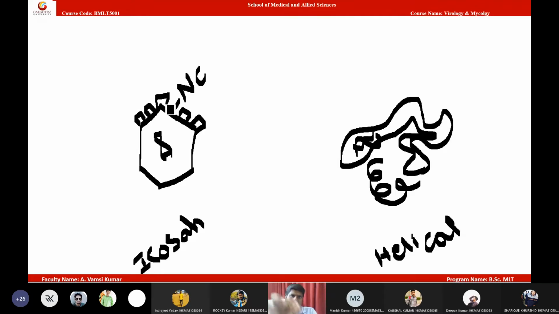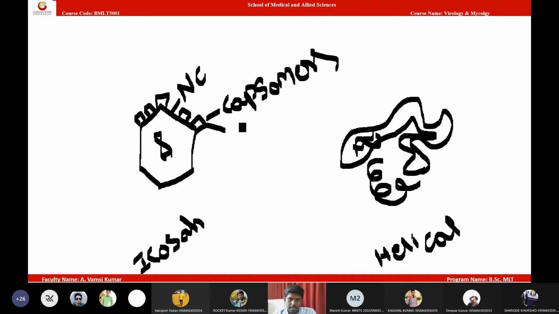These protein subunits are called capsomers, or we can also call them capsids.